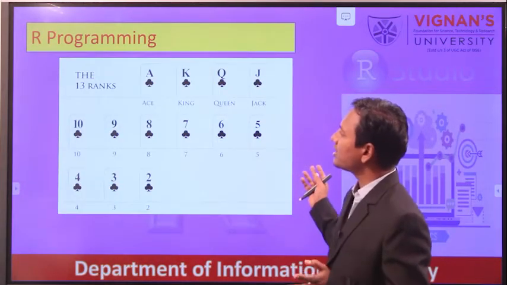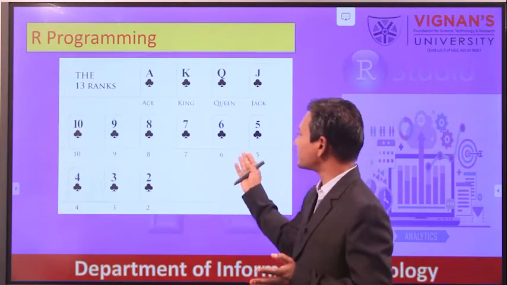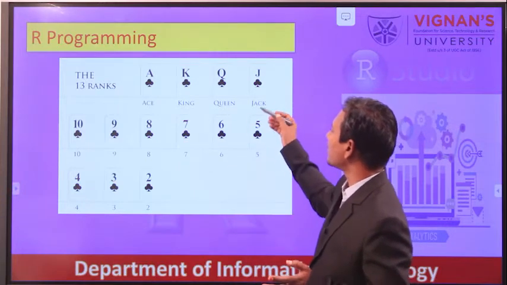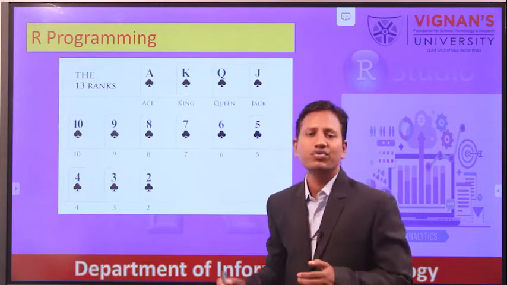So these are the ranks we are going to give: 2, 3, 4, 5, 6, 7, 8, 9, 10, and Ace, King, Queen, Jack. As I told you, we are going to give the ranks as 11, 12, 13 and 14.